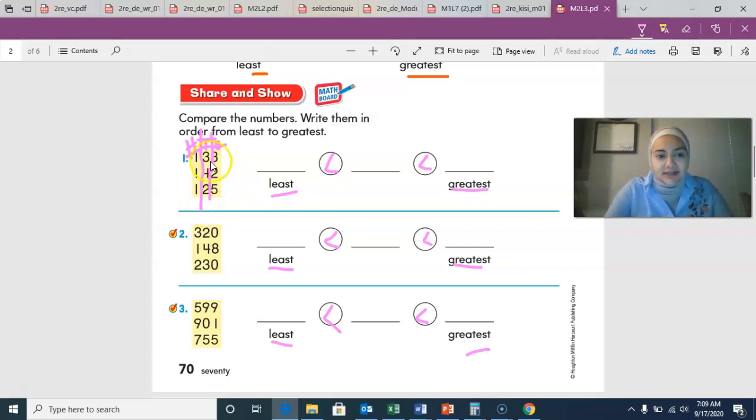Which one is the smallest number? 3, 4, or 2? 2 is the smallest number. So the first number to go in this order would be 125. Very good. The next number, what's the next smallest number? 3 or 4? 3 is the next smallest number. So the next number you would put would be 133.